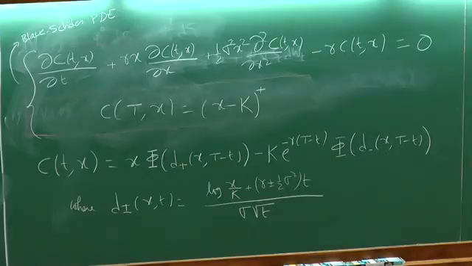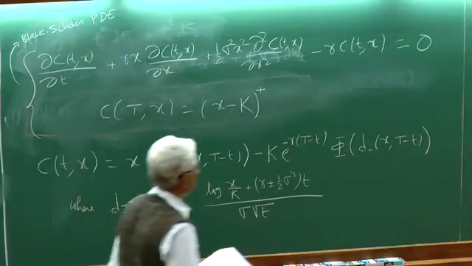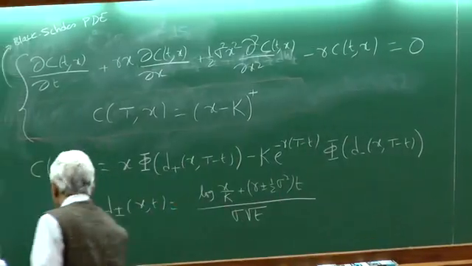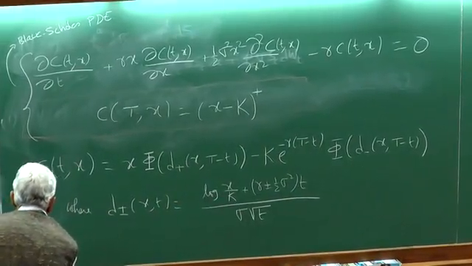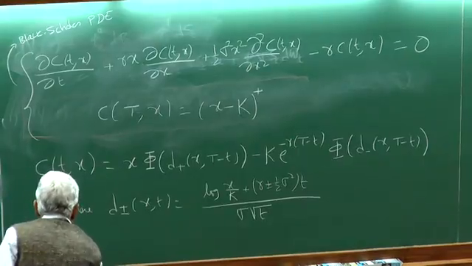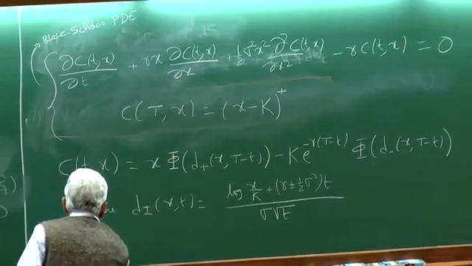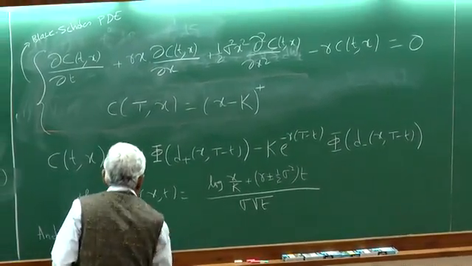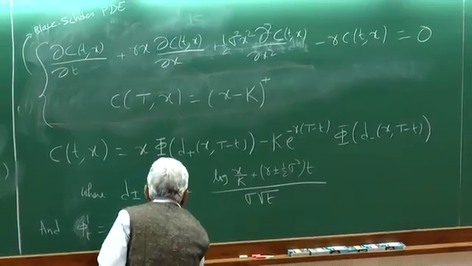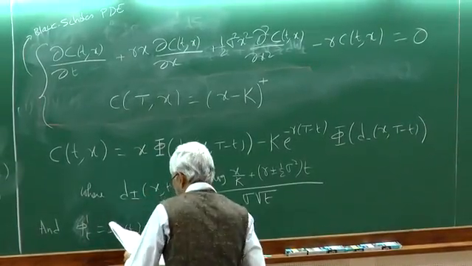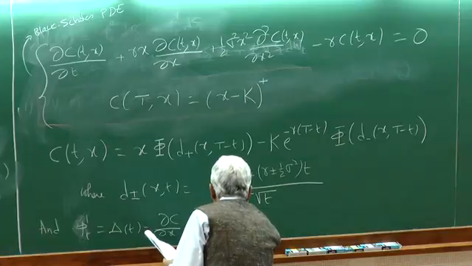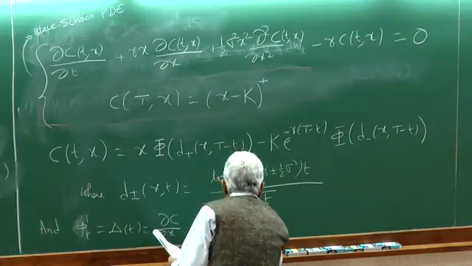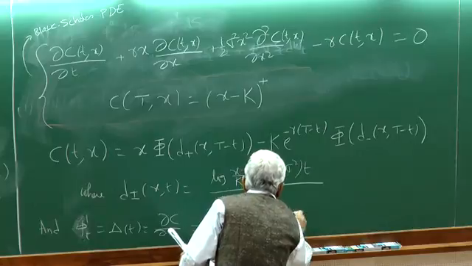This is, let me write one more line, and phi 1 of t, which is denoted by delta t, is equal to del c over del x, and this happens to be equal to phi of d plus x t minus t.